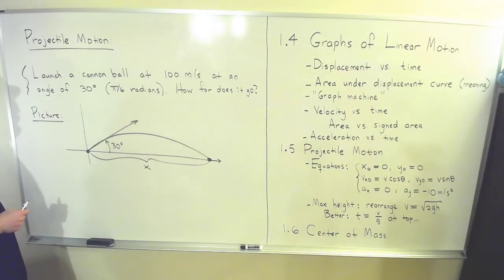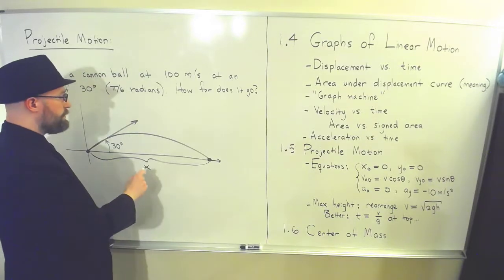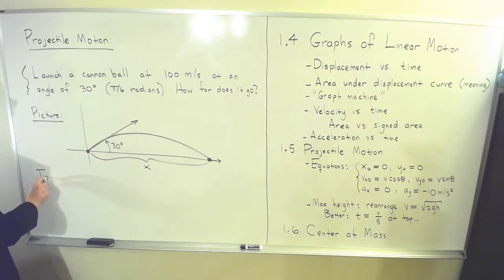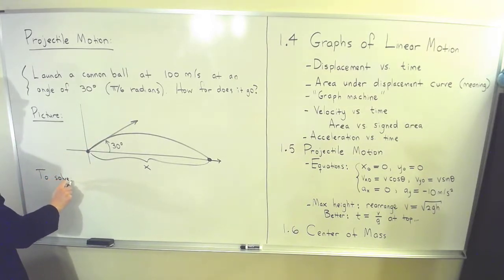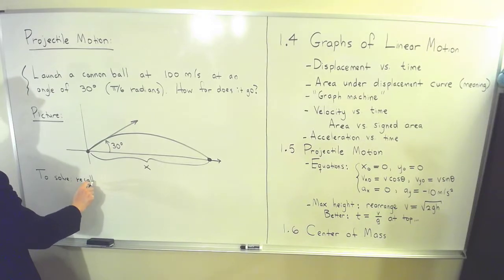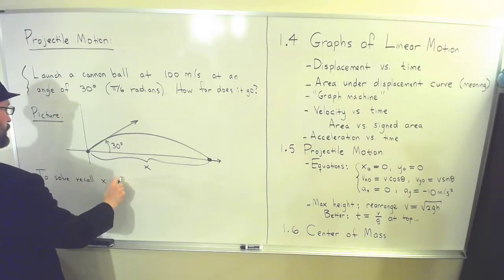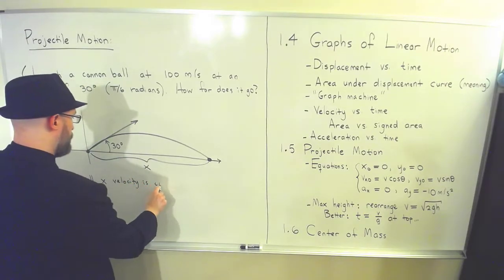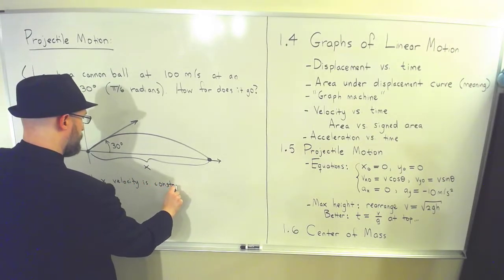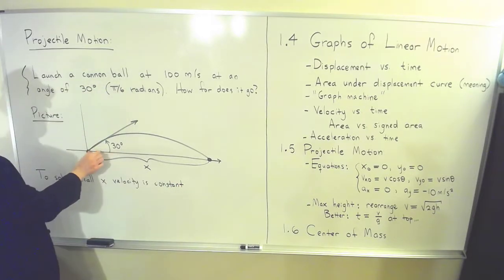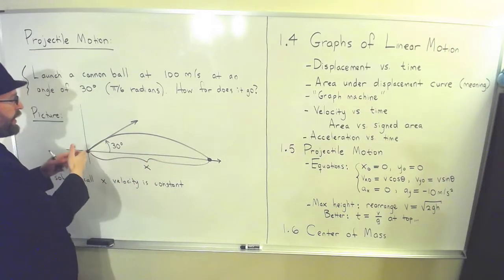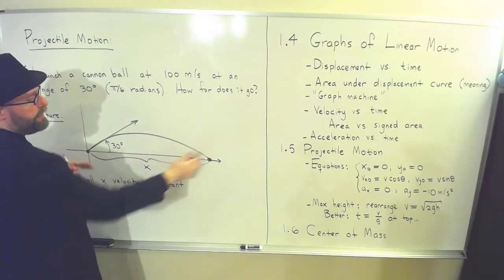Well, how can we solve this? I'm going to have to erase this because I'm not going to have room to do it all, but to solve, recall the x velocity is constant. Whatever the component of the velocity in the x direction started out as, it's going to keep that same velocity the whole time until it hits.